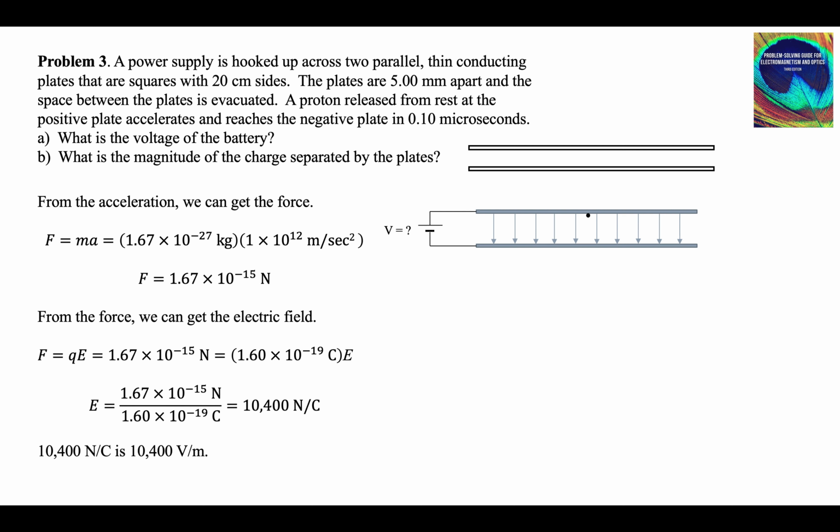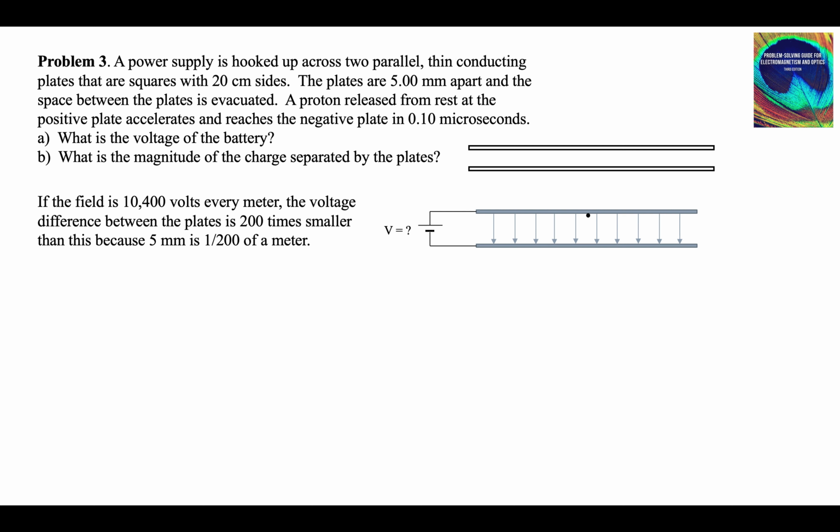The field drops 10,400 volts every meter, but the plates are only 5 millimeters apart. The voltage is going to be much less than 10,400 because the plates are much less than 1 meter apart. 5 millimeters is half a centimeter, which is 1/200th of a meter.